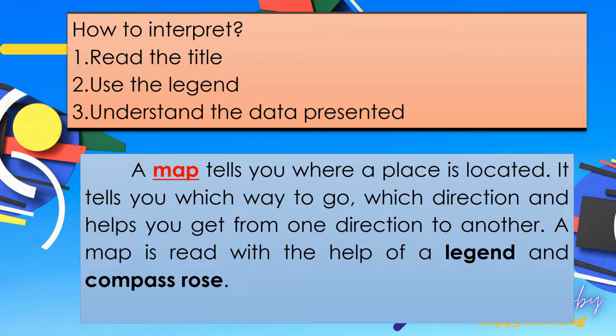What is a map? A map tells you where a place is located. It tells you which way to go, which direction, and helps you get from one direction to another. A map is read with the help of a legend and a compass rose.